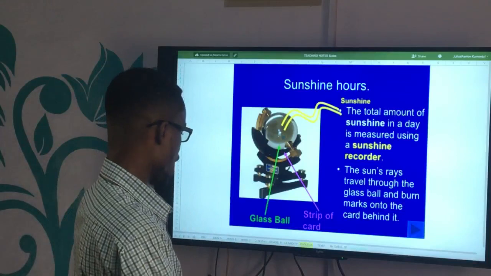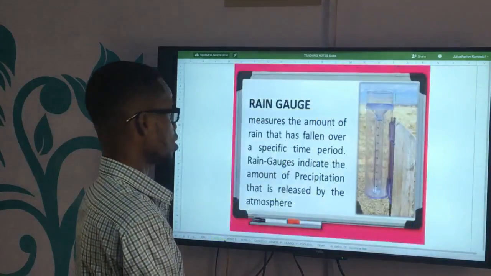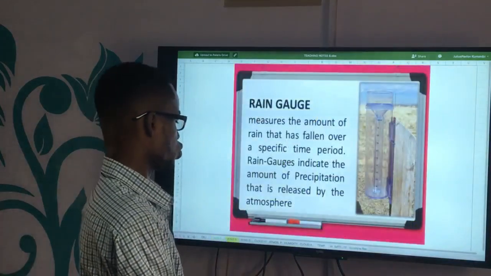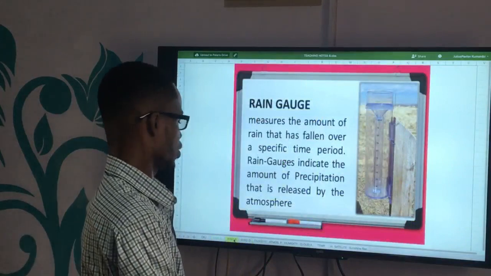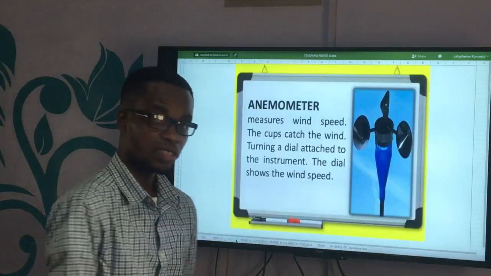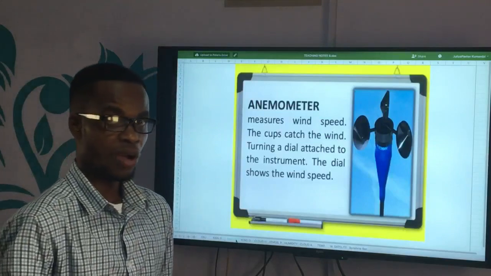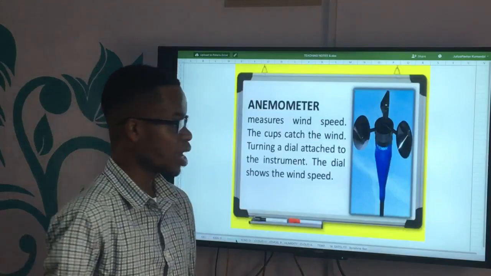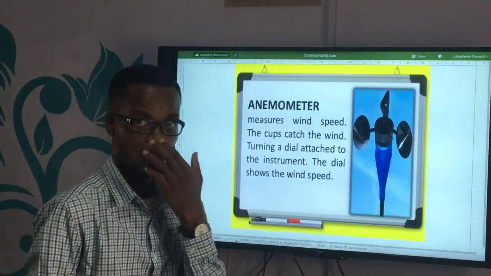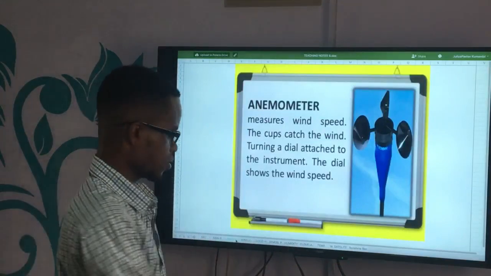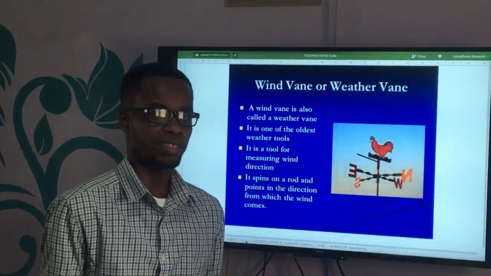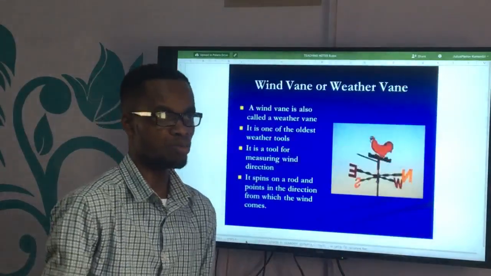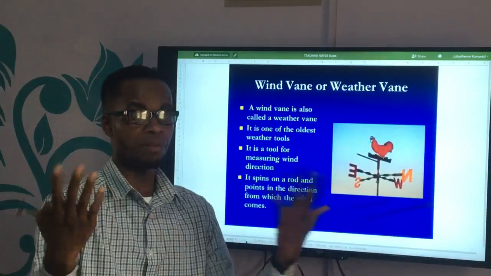We've so far looked at the rain gauge used to measure the amount of rainfall. Then we've looked at the wind speed, where we have the instrument anemometer doing that perfect job for us. Then we have the wind direction, where the wind is moving towards or coming from.